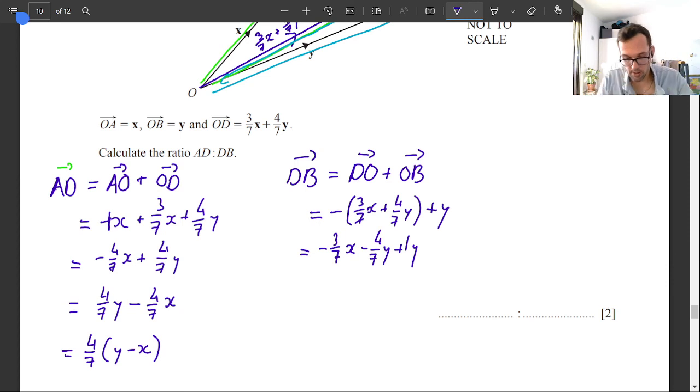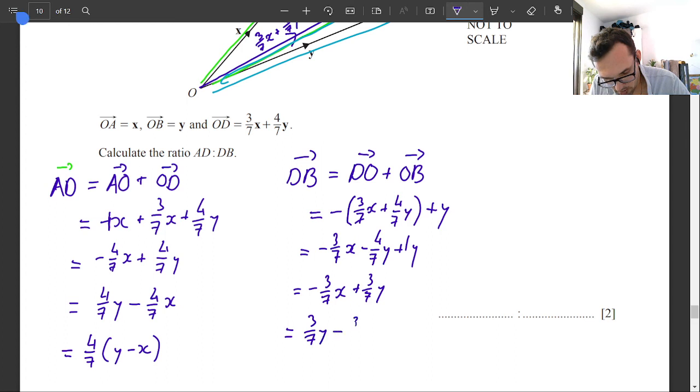Not sure, put it in a calculator, but you will be happy to see that it is, of course, positive 3/7y. Same as before. Let's swap it around to make it look pretty. 3 over 7y minus 3 over 7x. Begging to be factorized, that gives us 3 over 7 (y minus x).